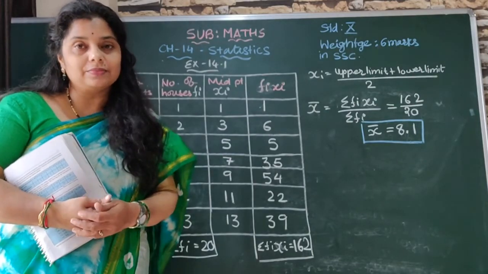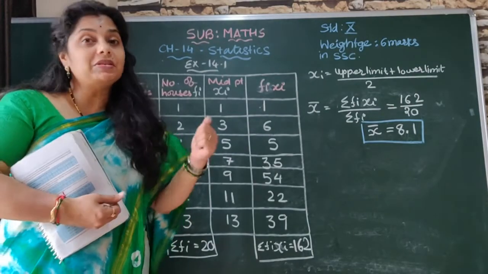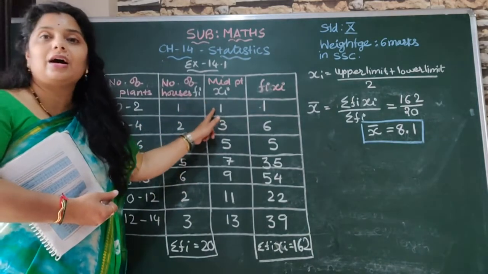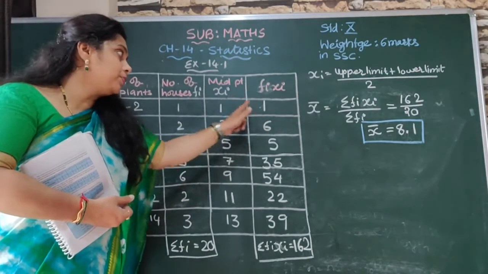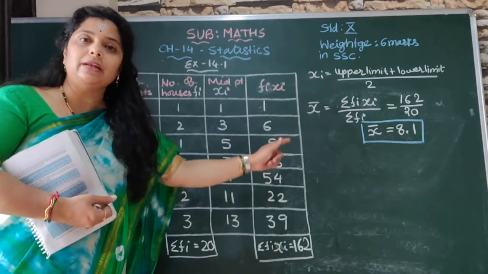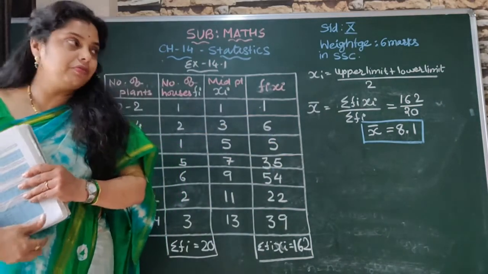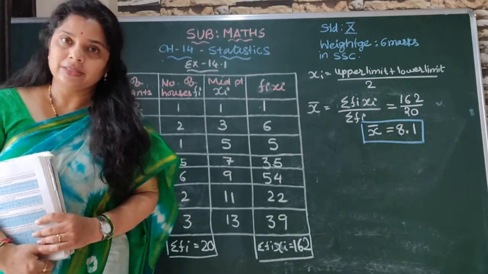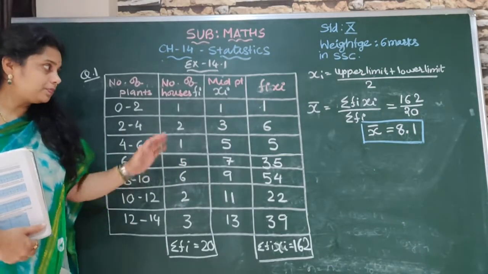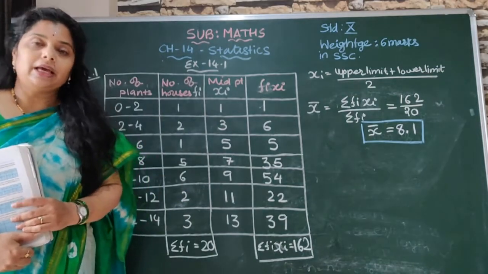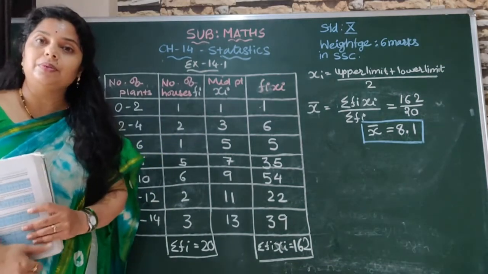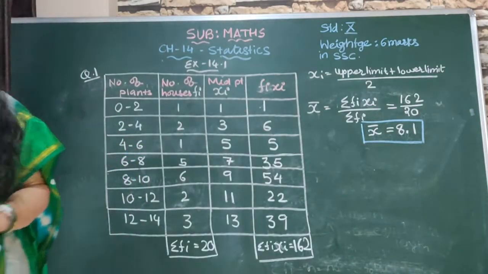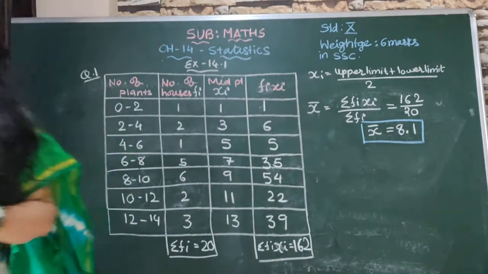At the starting I told you why we selected this method: the values of fi and xi are small and therefore the products are small, so we have used this direct mean method. Is it clear? I hope you got the concept, and such types of examples you can easily do on your own. Now go for the next question.